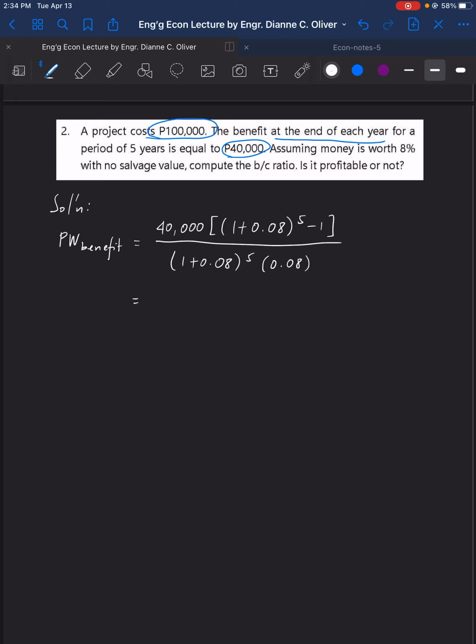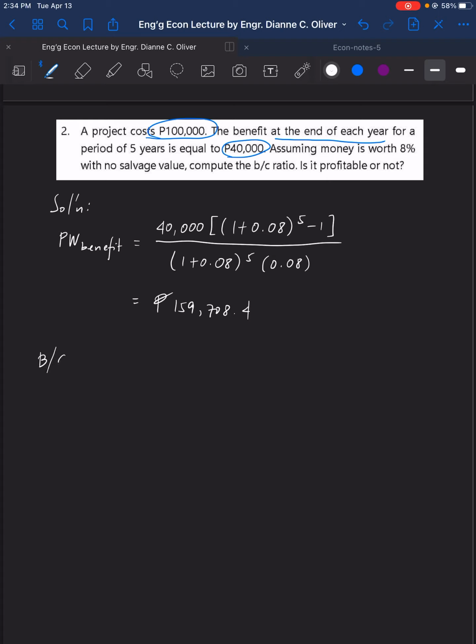So the present worth of benefit is 159,708.4.